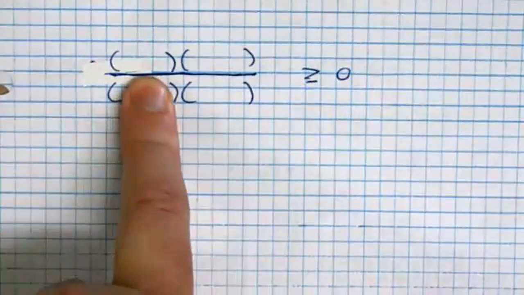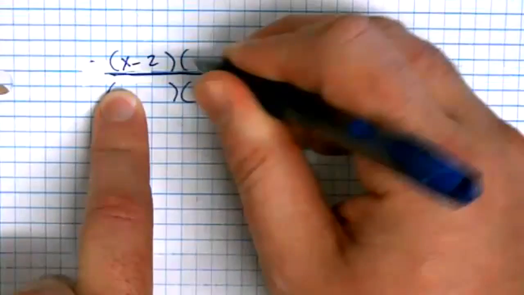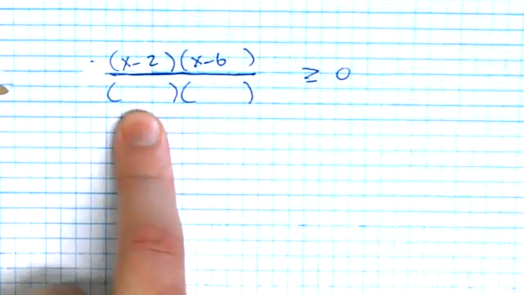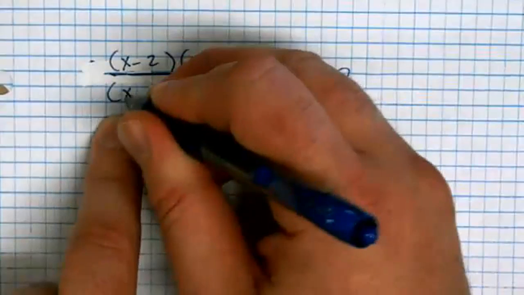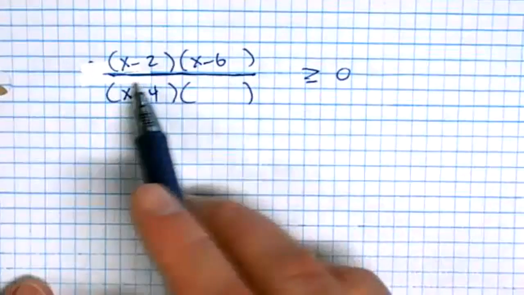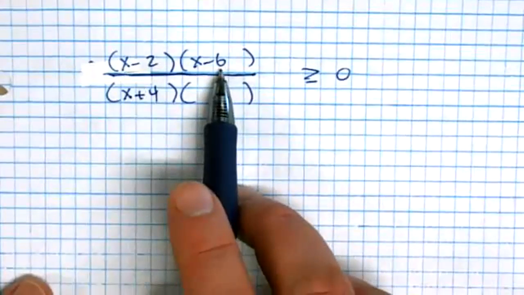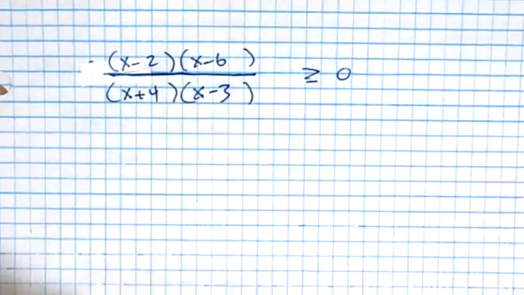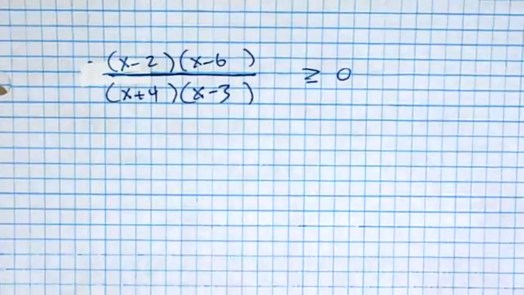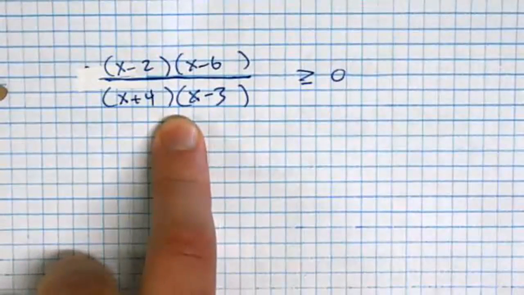Nice linear factor. x minus 2 and x minus 6. And how about for my denominator? x plus 4. Give me something that's going to have a vertical asymptote between positive 2 and positive 6. So x minus something. x minus 3. And I want to square one of these in the denominator. Which one do you want to square? The x plus 4?